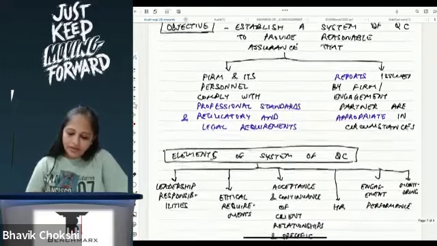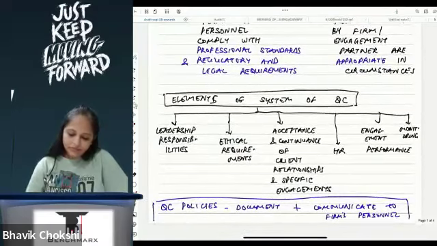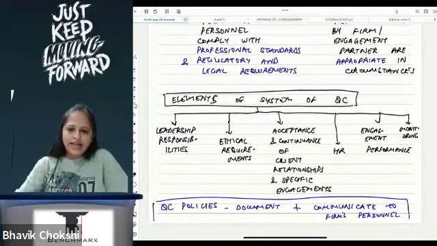Okay, and then just copy the elements as you see on the screen. Just copy the 6 elements of systems of quality control.